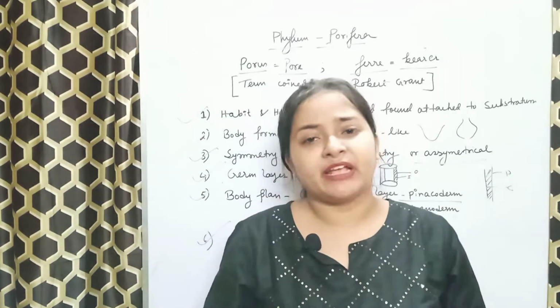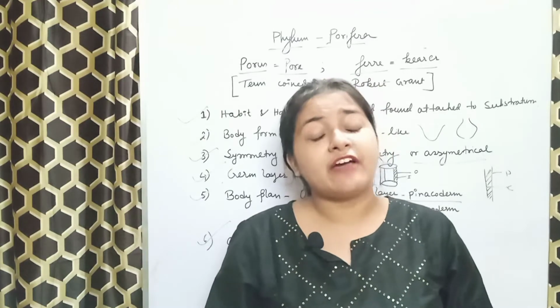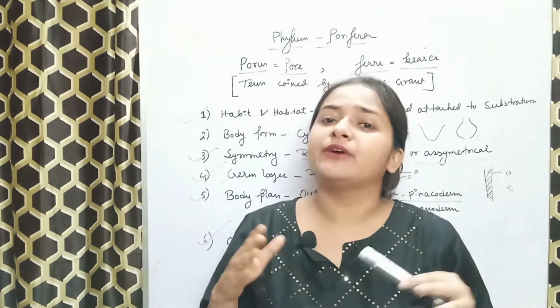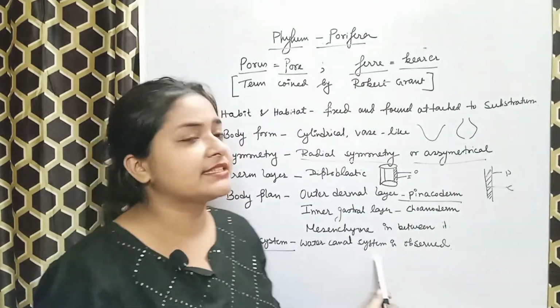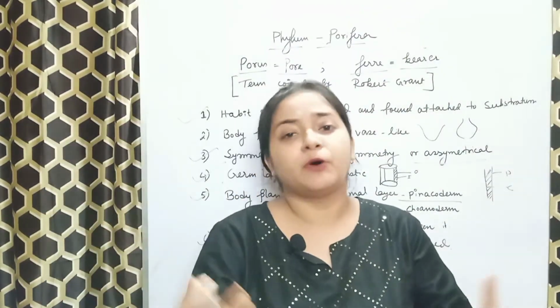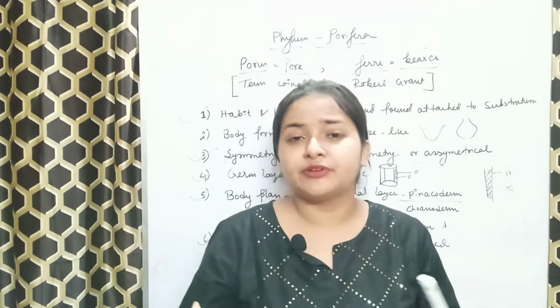This is their mechanism because they do not have a proper digestive, excretory or respiratory system. The water canal system is responsible for their digestion, food taking and excretory mechanism.